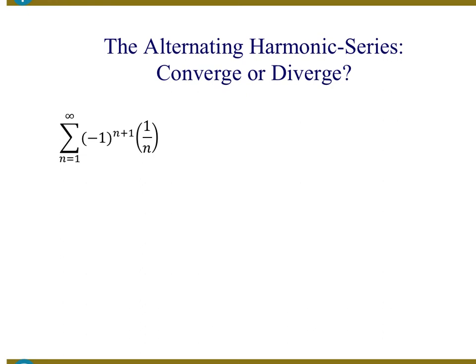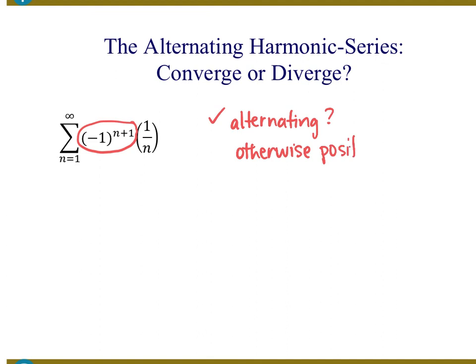All right, so here are the conditions. Is it alternating? Okay, that's this part of it, that -1 to the power. Yes. Okay. Is it otherwise positive? So other than the alternating, so that's this part of it.